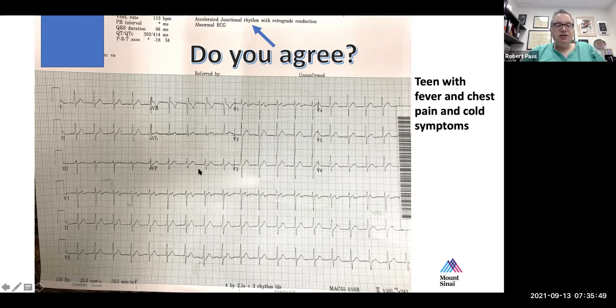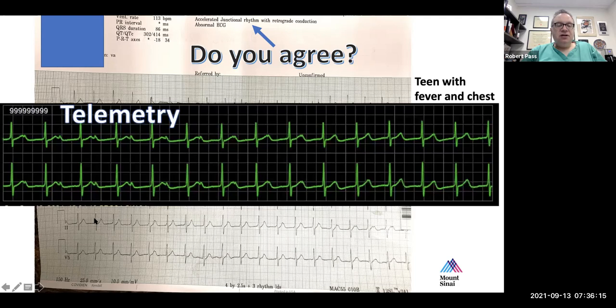We have essentially an isoelectric QRS in aVF, so we don't know if this is the patient's normal QRS morphology. And then finally, if there is a P wave in the T wave, it's possible this could even be first degree AV block with a very long PR interval. The patient did have fever and chest pain and cold symptoms, so the question is whether maybe they have myocarditis affecting their conduction system.